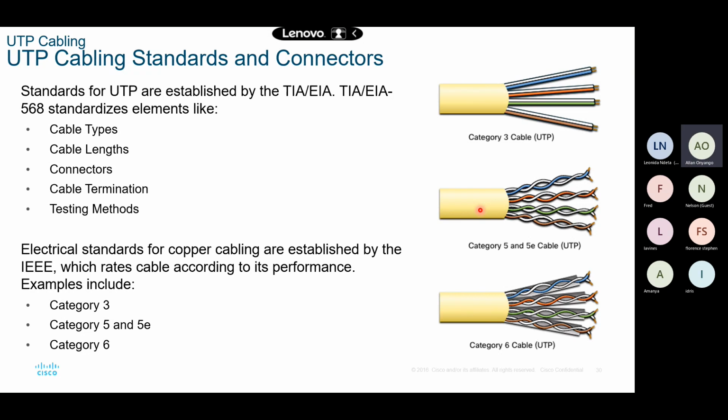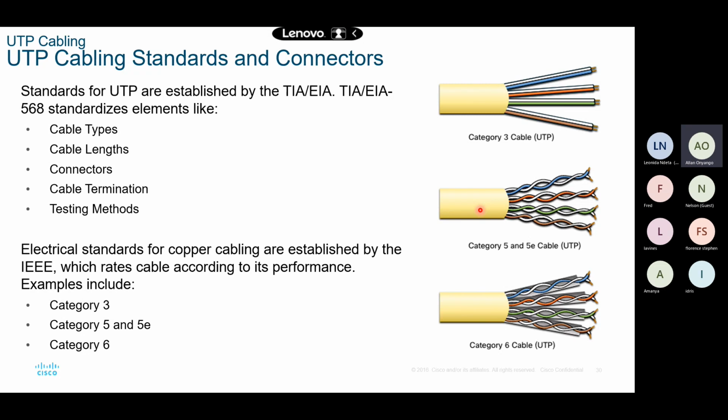So the cat 3 is majorly used for connecting telephone devices. It's a bit smaller, and you can see there, not twisted normally. Then look at cat 5 and cat 5E. This is the twisted pair, and these are the ones that are used by computers. So cat 5 carries about 100 Mbps.